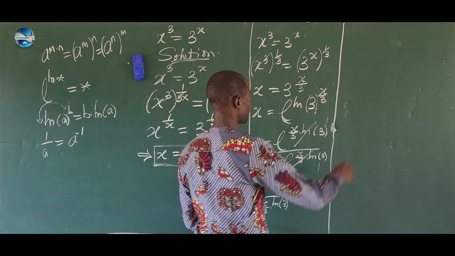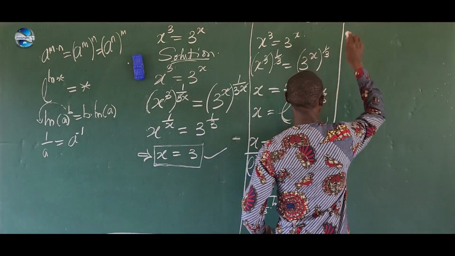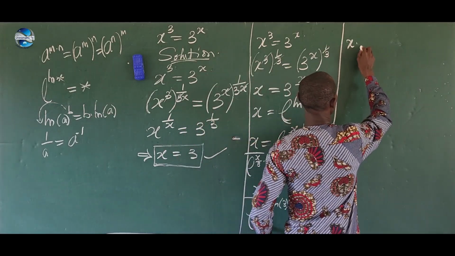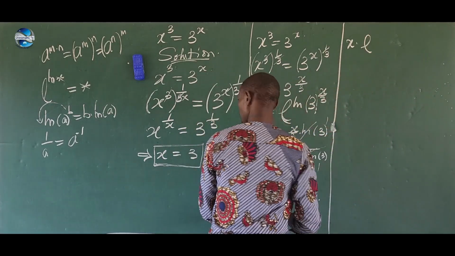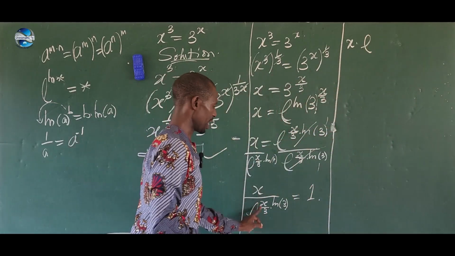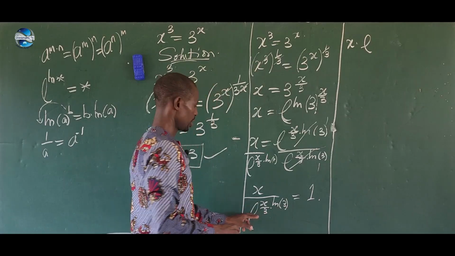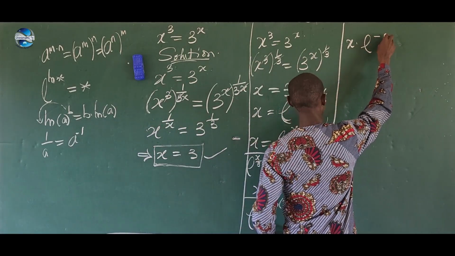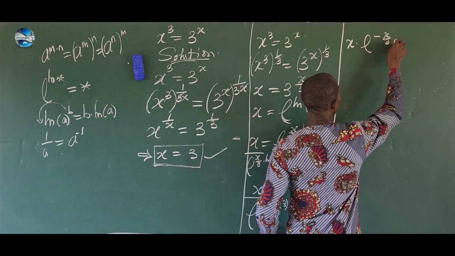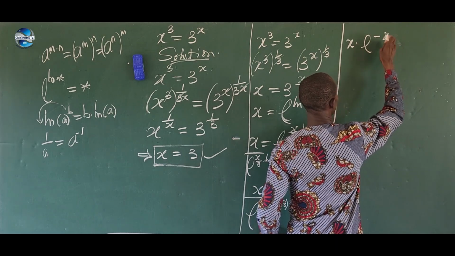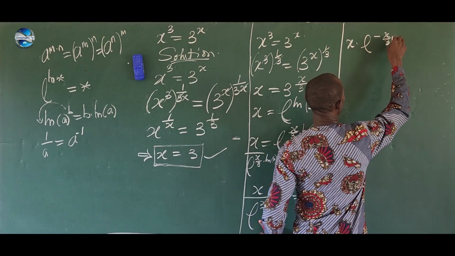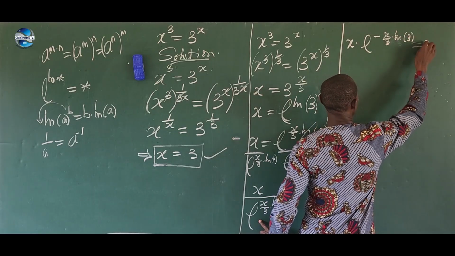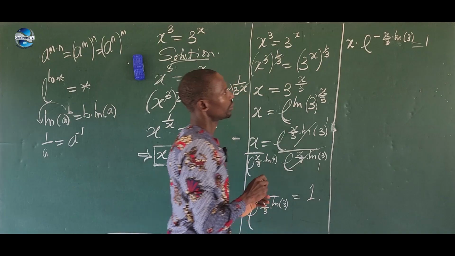Rewriting this is going to give us x times e raised to the power of minus, mind you, the power is the whole of this, so minus x all over 3, times the ln of 3 close bracket, equal to 1.